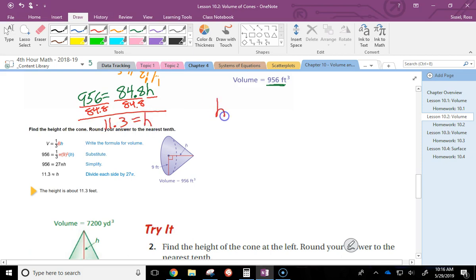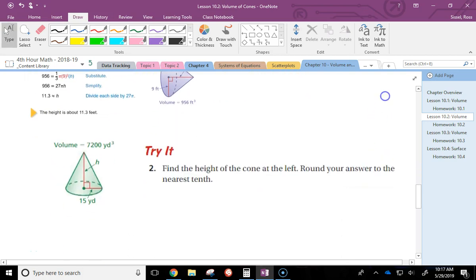So h, my height, is approximately 11.3 feet. All right, questions on how we do this?